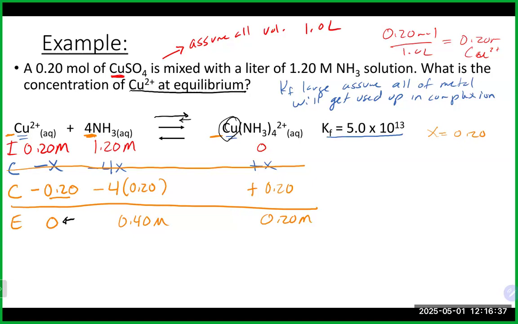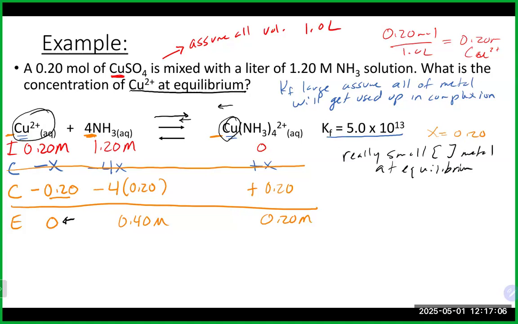So even though almost 99.99% of all the copper is going to end up in that complex ion, there will be just a bit of it heading back that way. And we should end up with a really small concentration of our metal at equilibrium. So even though we assume it all ends up in the complex ion, some of it is going to come back the other way.